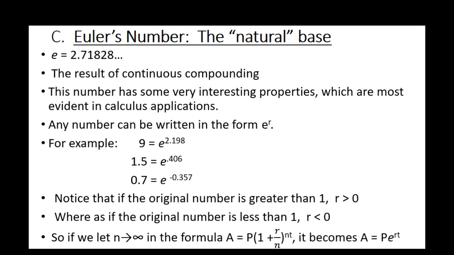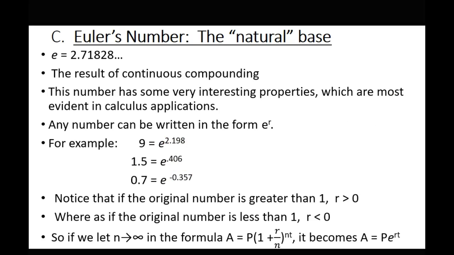So what we did was we took our compound interest formula and we let n approach infinity. And really we just did it to this piece here because I made everything else equal 1, so they kind of became negligible. And that little piece there just became E, didn't it? So our compound interest formula becomes PERT.